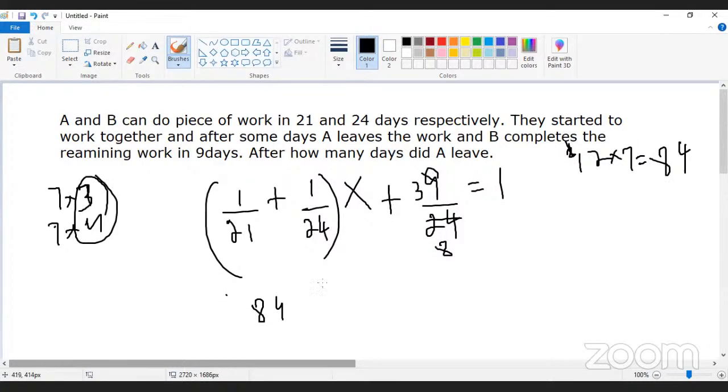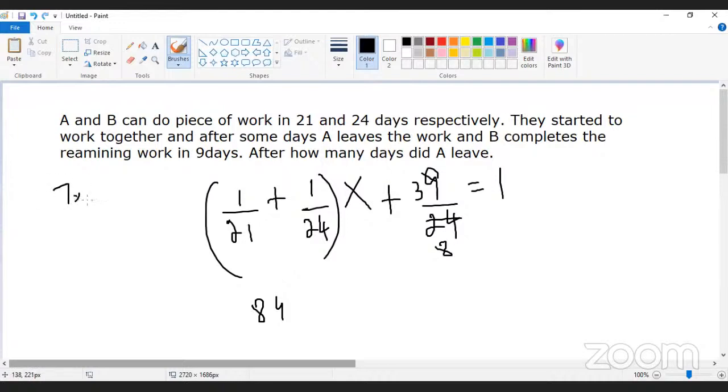If 84 is the LCM, this is multiplied into 4, and this one would be multiplied into 24 times 6, 6 fours are 24. I'm sorry, one minute, I took it as 28. So this is 7 times 3, and this is 6 times 4. You're correct. I'm sorry about that. Okay, fine.